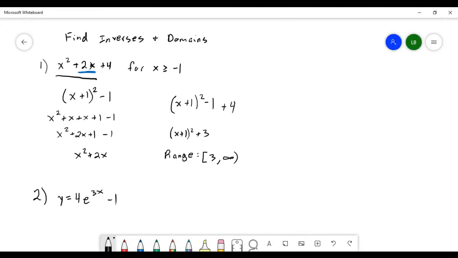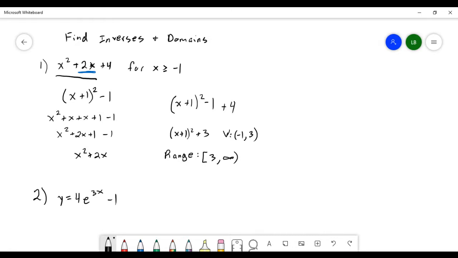Cool. Completing the square is pretty helpful for finding inverses of quadratics, because it makes your algebra later on a whole lot easier. Of course, we can also see that the vertex of this quadratic is at the point -1, 3.